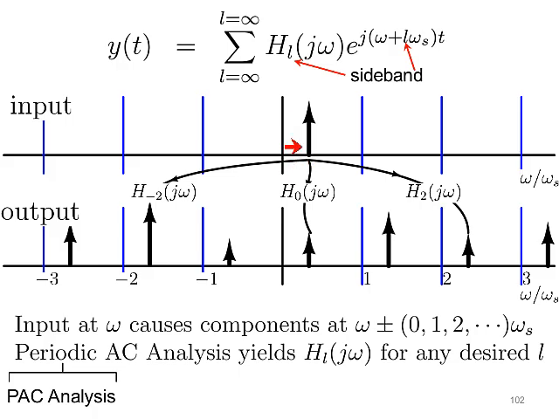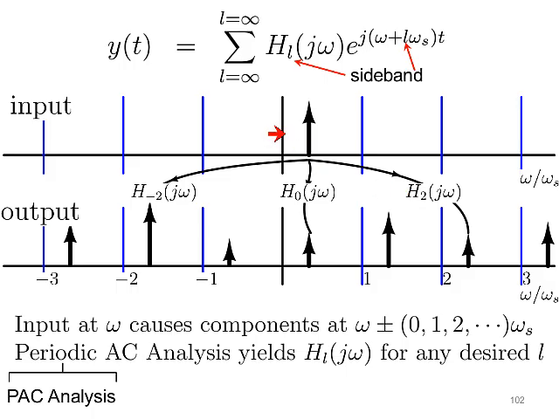So, for example, if I put in a tone at omega here, in the output spectrum, there is a tone at omega with some gain h sub 0. There is a tone at omega plus omega s. There is one at omega plus 2 omega s, and so on.